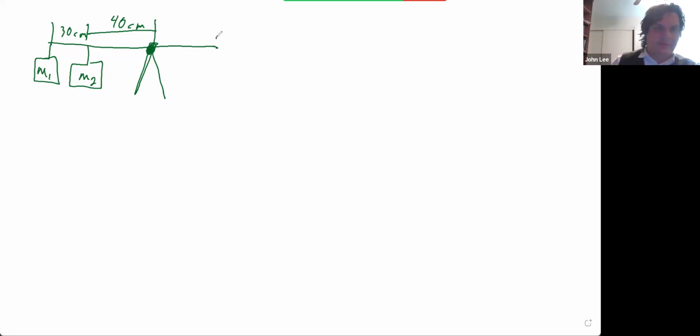And then 30 centimeters between here and the third weight, which is going to balance out the other two. I'm not going to worry about the normal force.